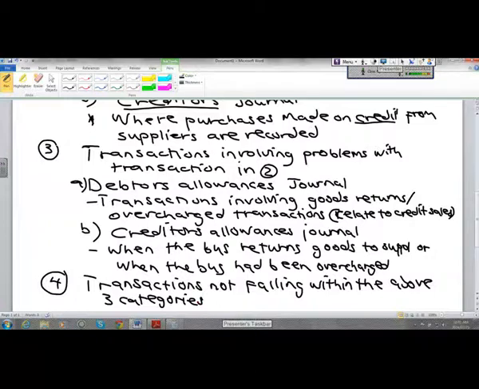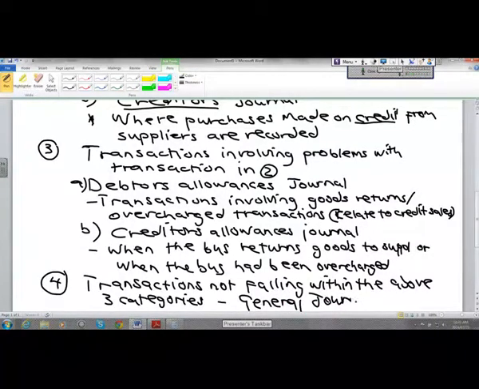So they are going to come to the general journal. This should actually make it easier for you. When you are given a list of transactions, the skill that you need to develop is to know in what book that particular transaction is recorded.